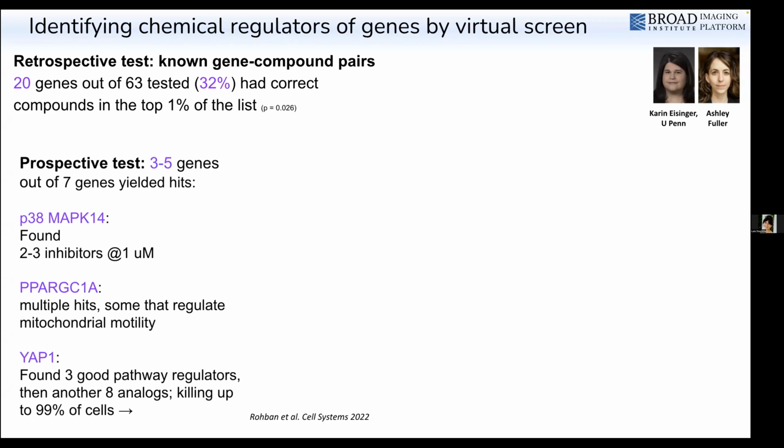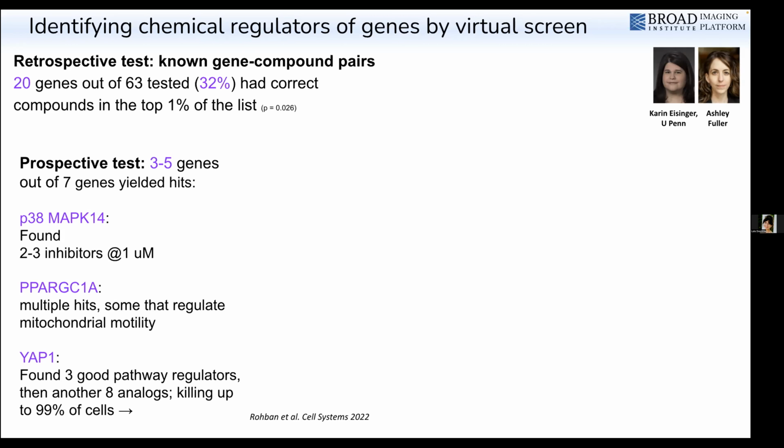So all that's good, but the proof is really when you actually do a prospective test. In a prospective test, using genes where we did not know what the answer would be, we grabbed 7 genes, made a list of compounds for each, and ran around worldwide really, led by our co-leader Carpenter, contacting several labs. And there were a few that were willing to give it a try.